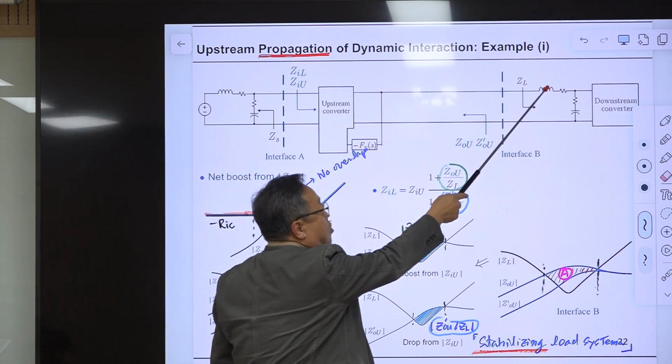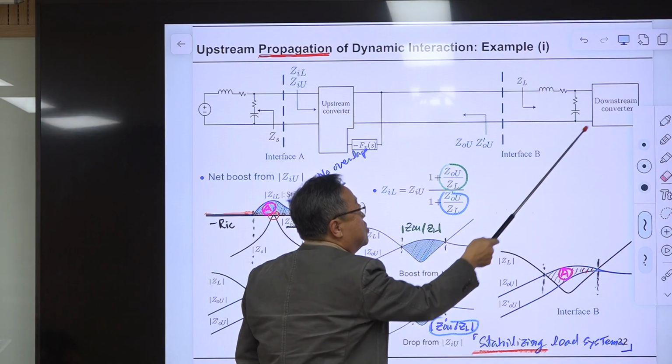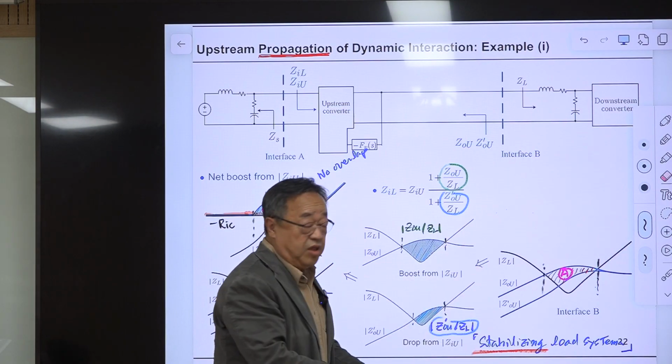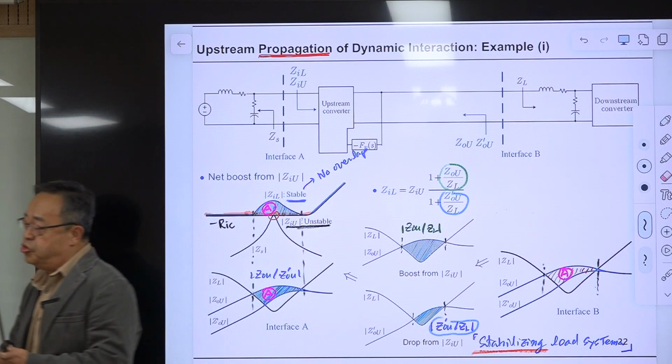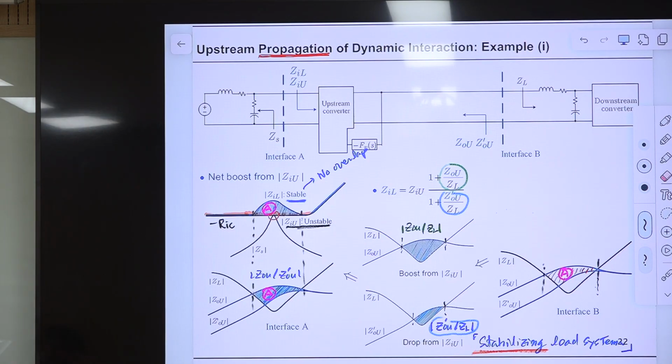And there is another converter, and there is an intermediate line filter. So they are connected now. But assume this is disconnected. They are separated. Then we will have this situation. So this is disconnected, so the system is not working.